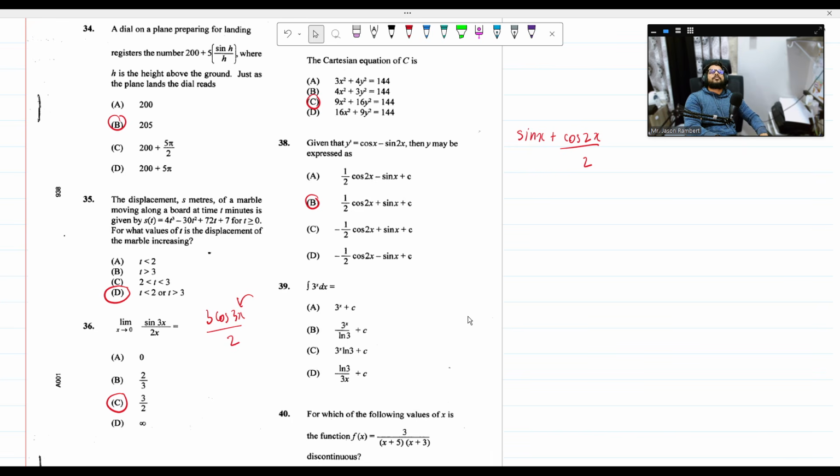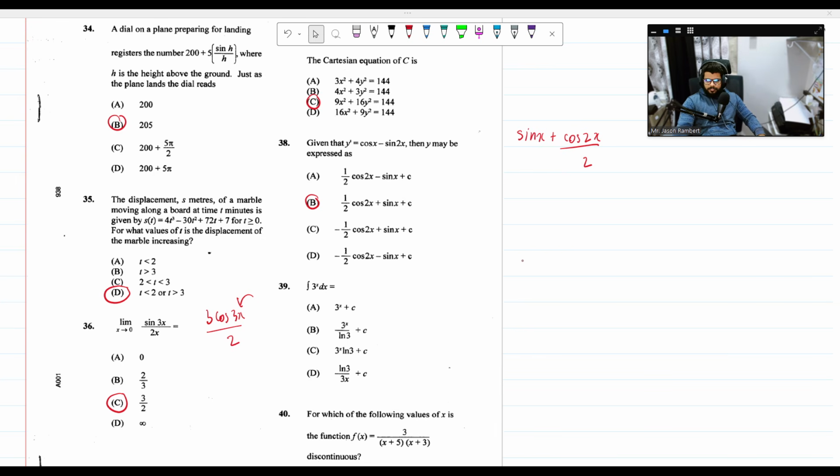I myself forget the formula. But there's a way we can integrate these functions. First, if I differentiate my answers and I get the function in the question, we can do that, right? But differentiating these answers is kind of difficult.